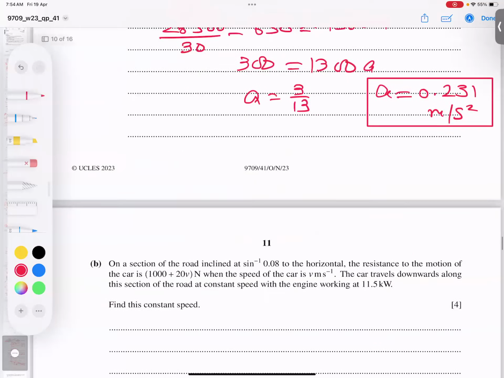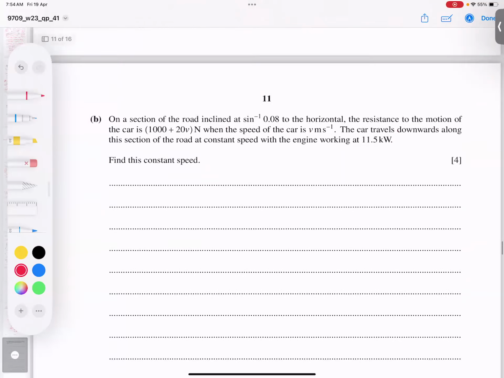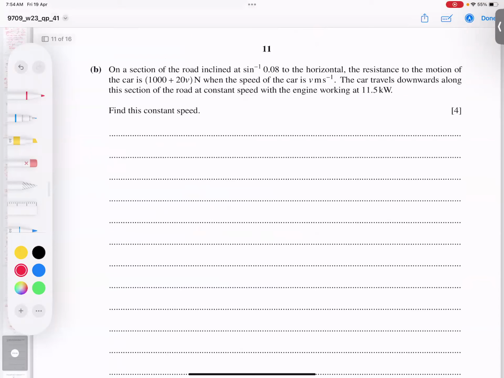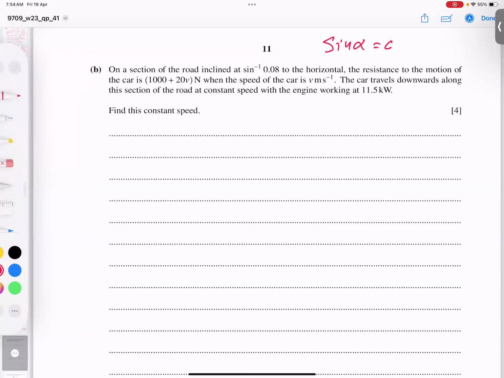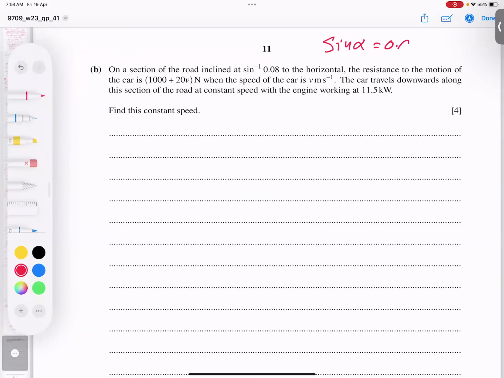So what is the next part we have? On a section of the road, we have been given this. If sine alpha equals 0.08, and I bring sine to the other side, this becomes inverse sine of 0.08.